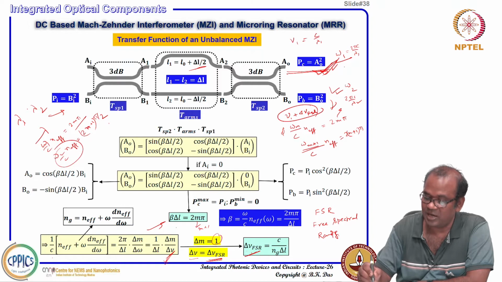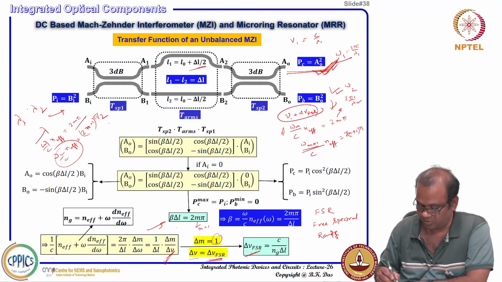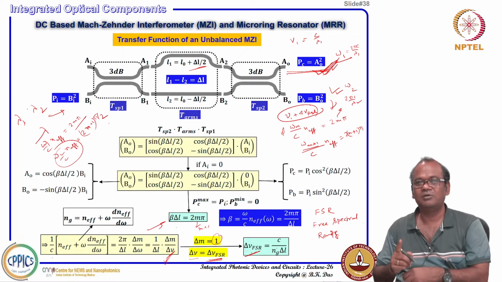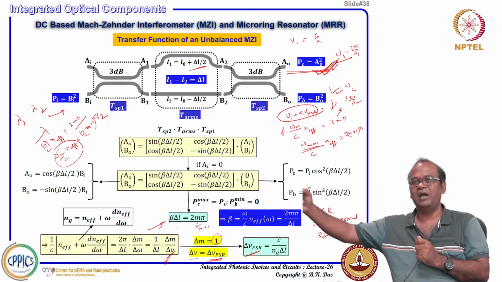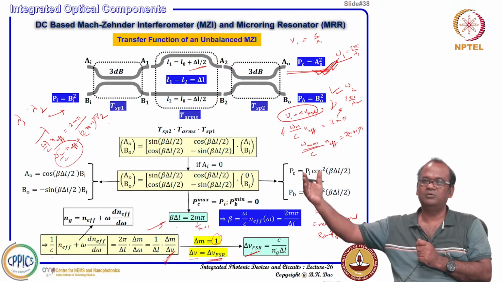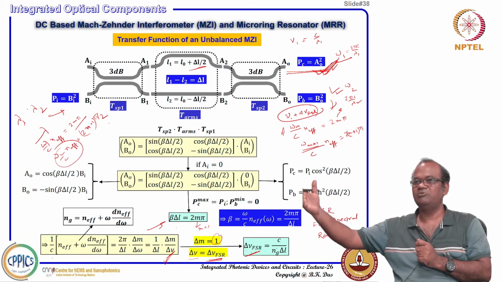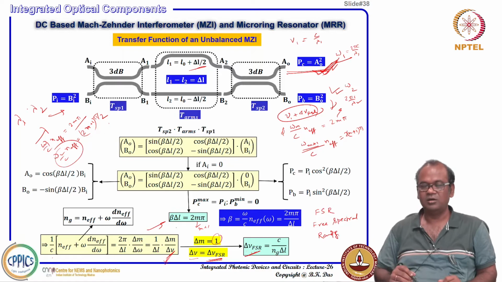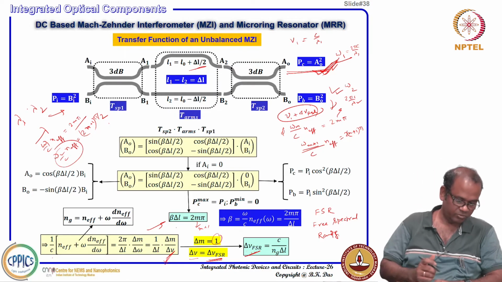That frequency will again appear in the cross port. That is the free spectral range. Where you get successive maximum values of frequency, you just subtract them, and that is called the free spectral range for the unbalanced Mach-Zehnder interferometer.